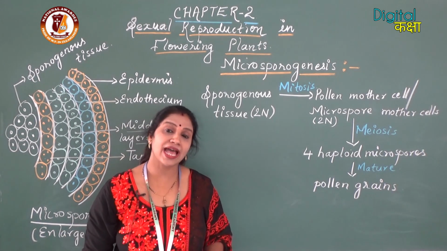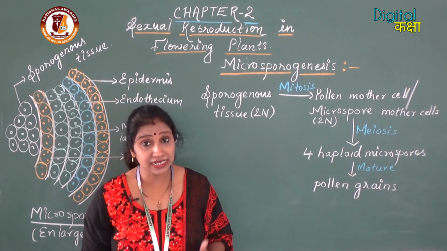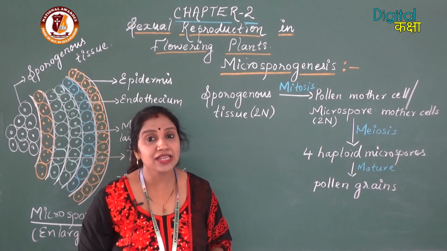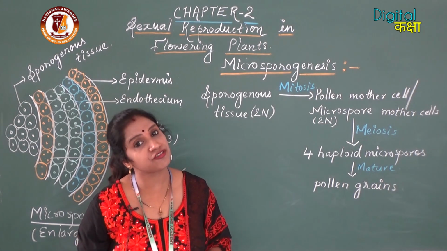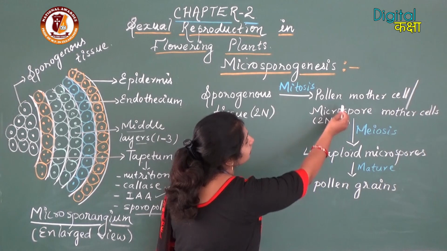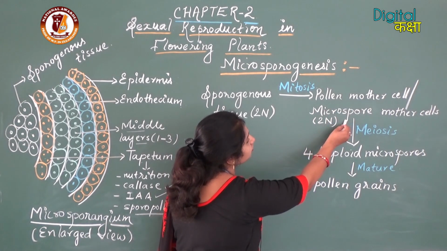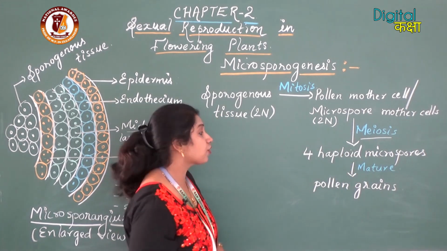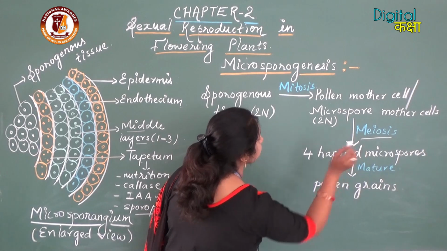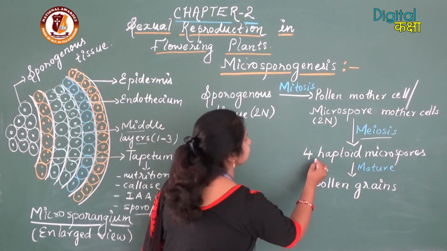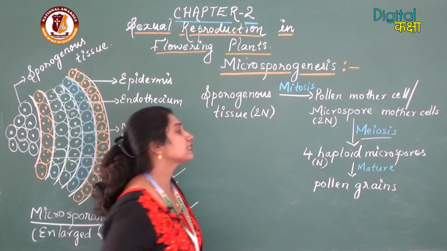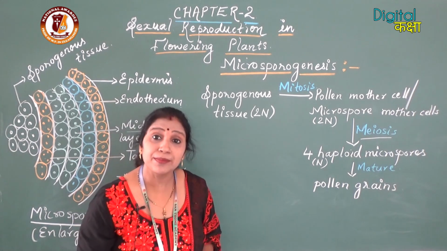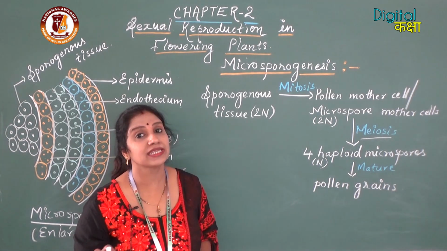As you all know, as a result of meiosis cell division, the chromosome number is reduced to half and 4 daughter cells are formed. So these microspores will be haploid in nature. These 4 haploid microspores will mature to form the pollen grains.